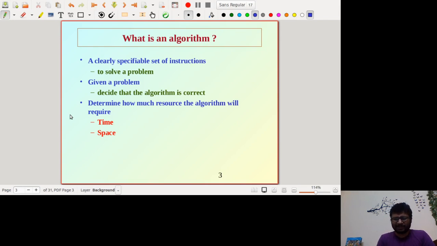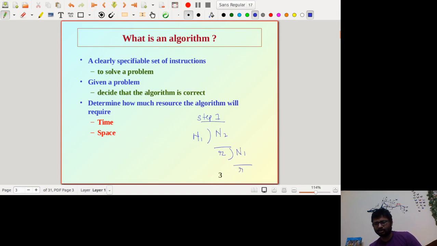So let me say it once more. Step 1, you divide n2 by n1 and obtain a remainder r. The next step, you divide n1 by r and obtain a remainder r2.